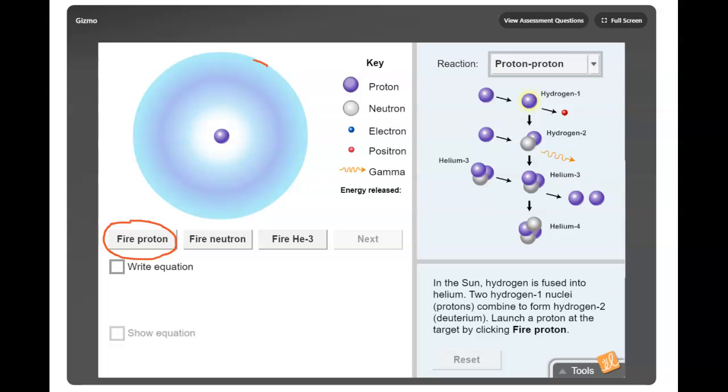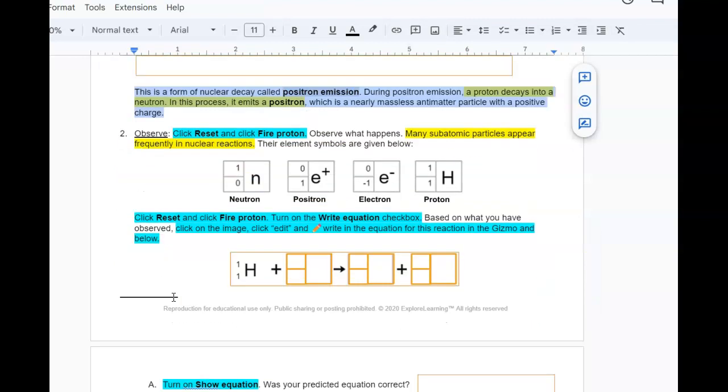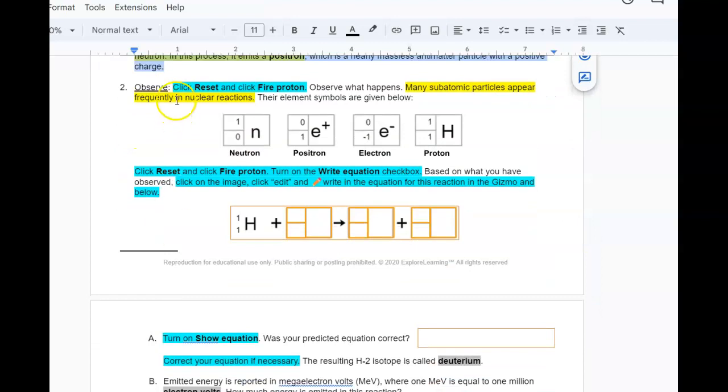You're going to observe what happens to the entire atom. So click fire proton, observe what happens, come back, write your answer, read the next paragraph. Pause video now and do that. Unpause when you're done. Welcome back for number 2.